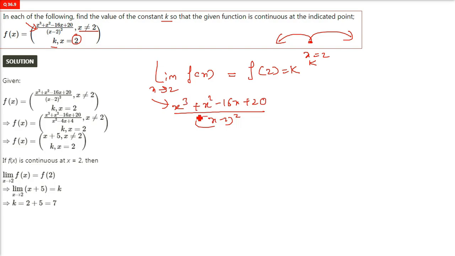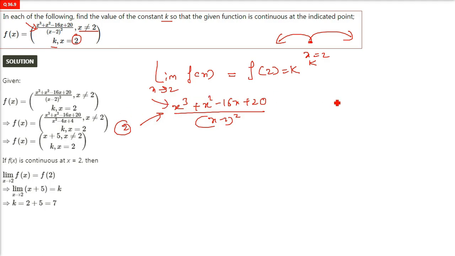So we can deduce that we can check for the numerator. For example, if the denominator were (x minus 2) into (x minus 3), we would check for 2 and 3 both. But here we have x equals 2. Let us check it. In this expression, I am replacing x by 2.